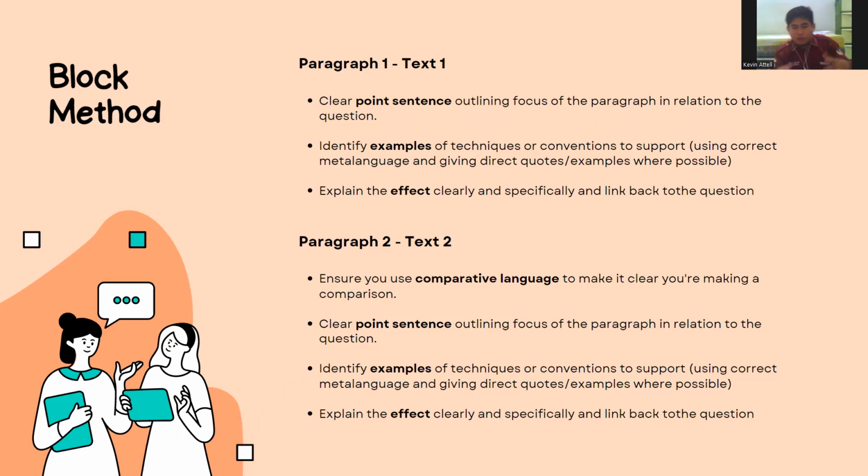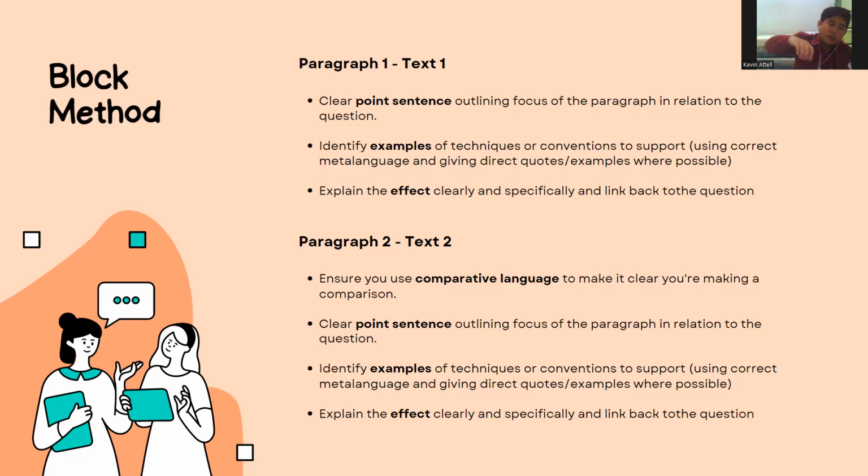In paragraph 2 or text 2, we have 4 major key points that we have to again remember. The first one is to ensure you use comparative language to make it clear you are making a comparison between two texts.